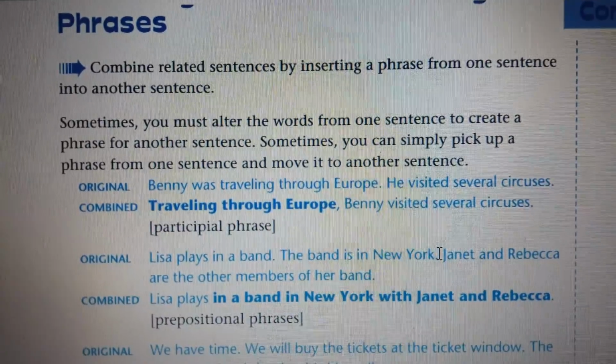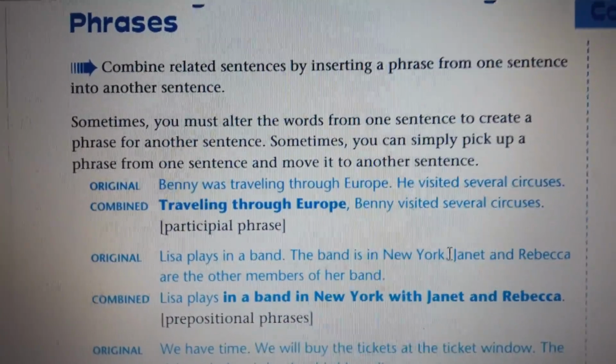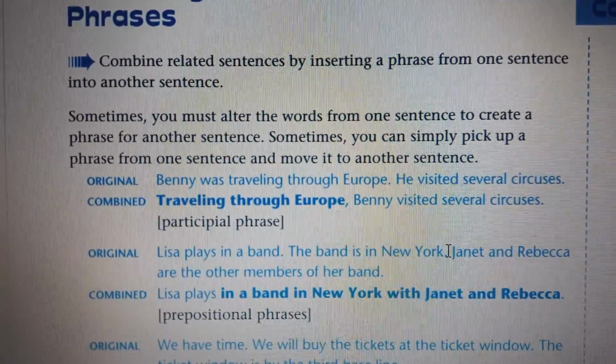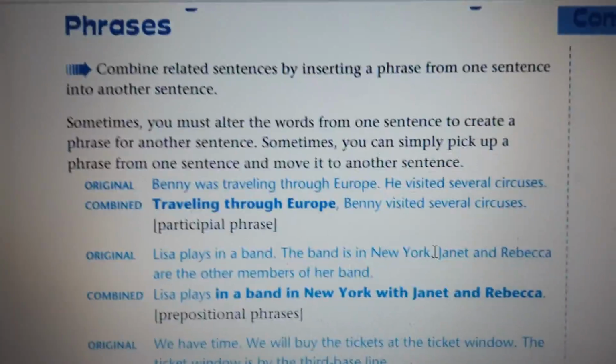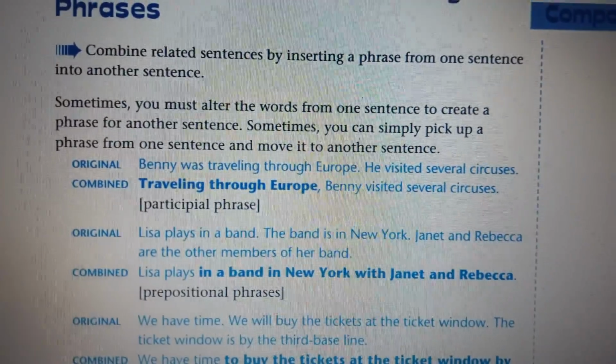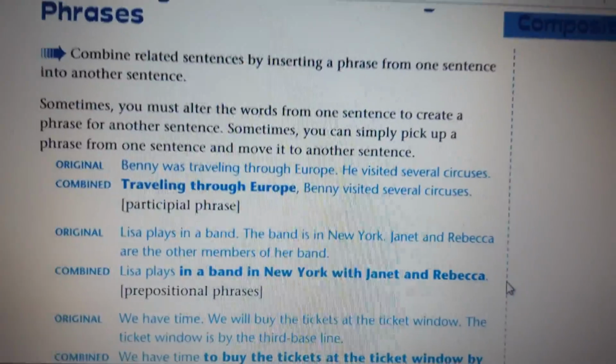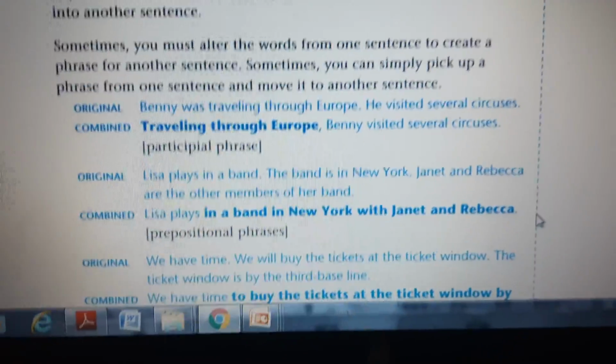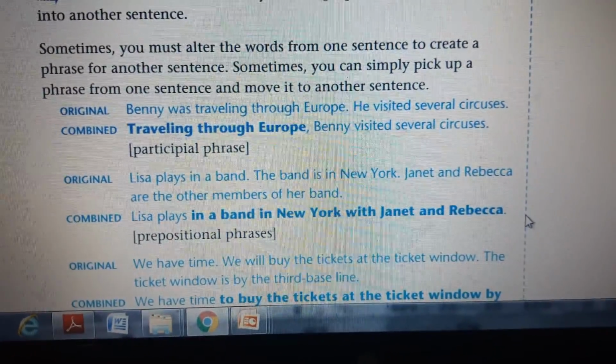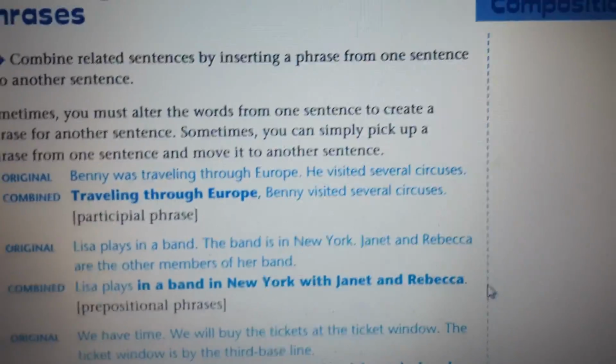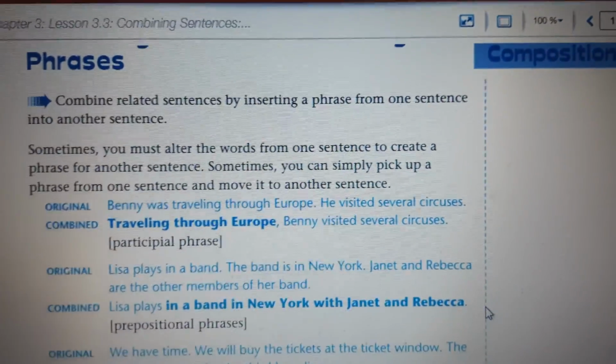Here, Lisa plays in a band. The band is in New York, and Janet and Rebecca are the other members of her band. Okay, combined: Lisa plays in a band in New York with Janet and Rebecca. Do you see the difference?